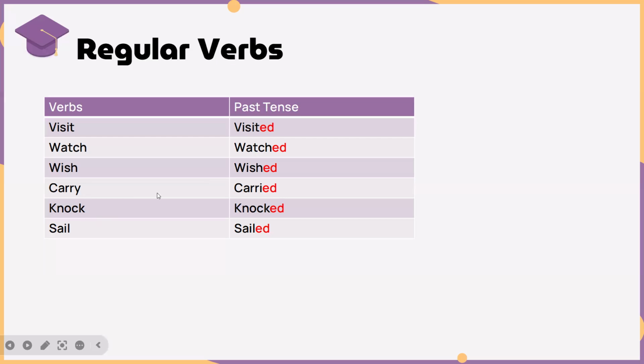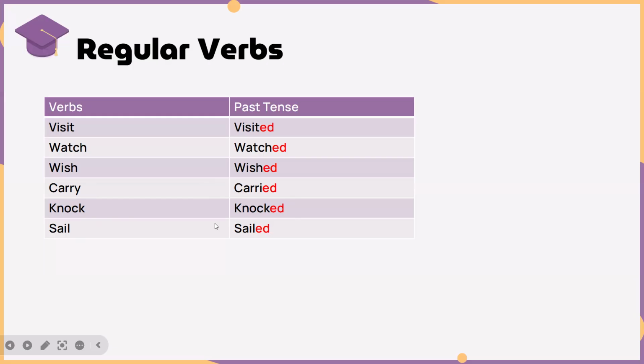Carry, I have to change the Y, the letter Y to I, and then I add ed. And listen to this sound. Carried. So, carried. But I'm not going to say carried. Carried? No. Carried. Knock, when I put it in the past tense, I get knocked. Knocked. Okay?